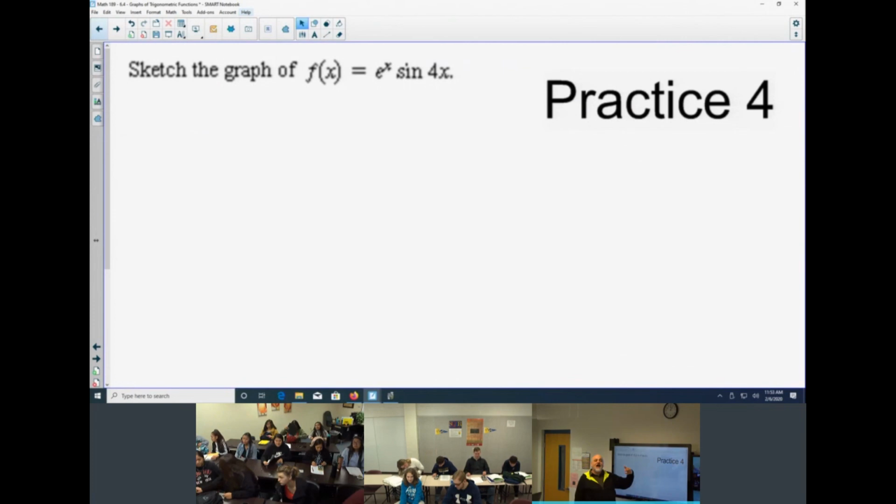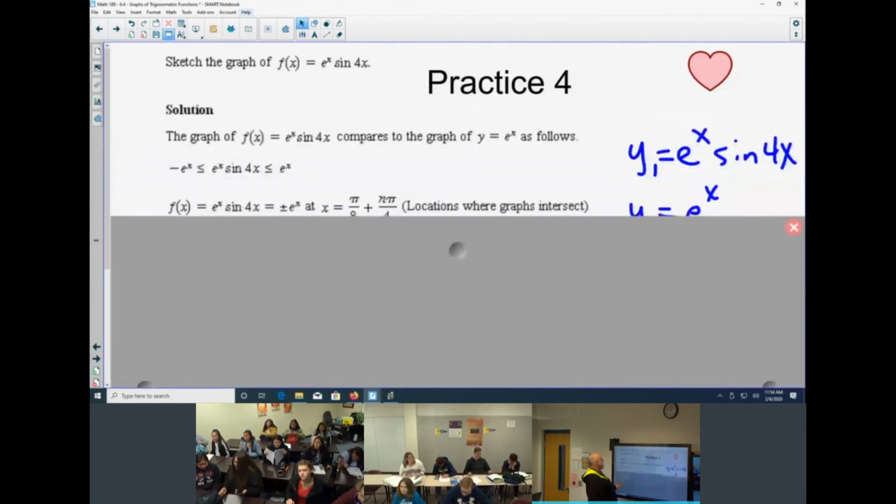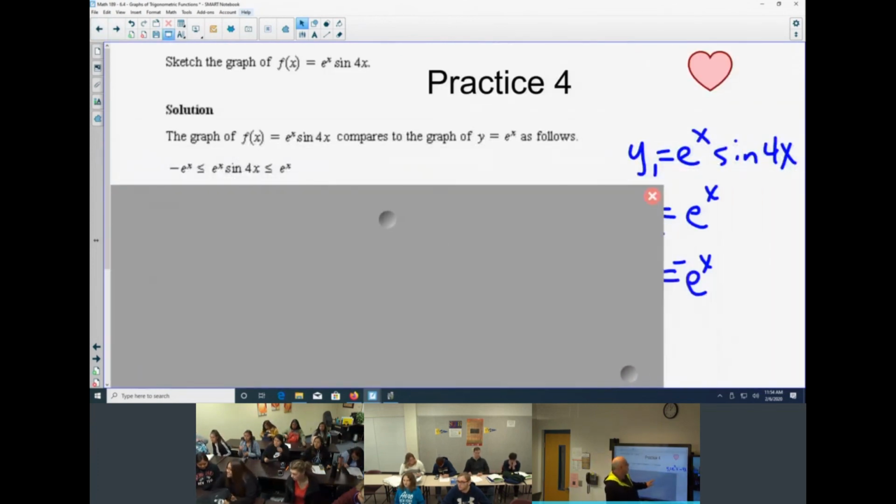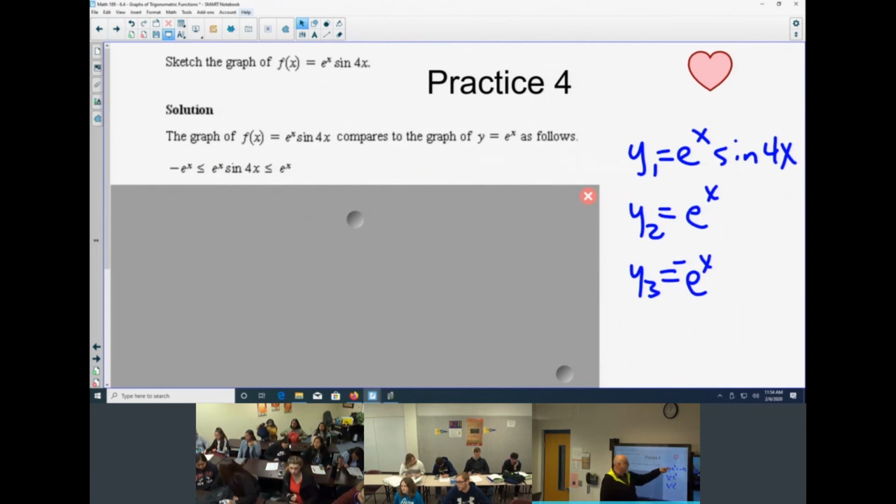What about y2? For y2 and y3, it's plus or minus the damping factor. So you'll have e to the x and negative e to the x. Y2 is e to the x. Y3 equals negative e to the x.